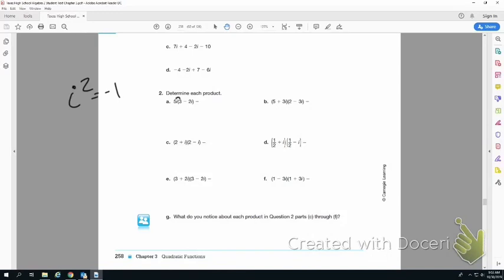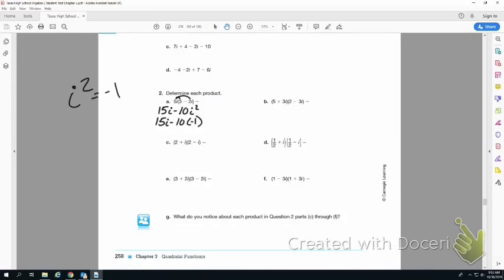Distribute. So I've got 5i times 3, which is 15i. I've got 5i times negative 2i, which is negative what? 10i squared. Whenever you run into I squared, the very next step you need to plug in negative 1 for I squared.